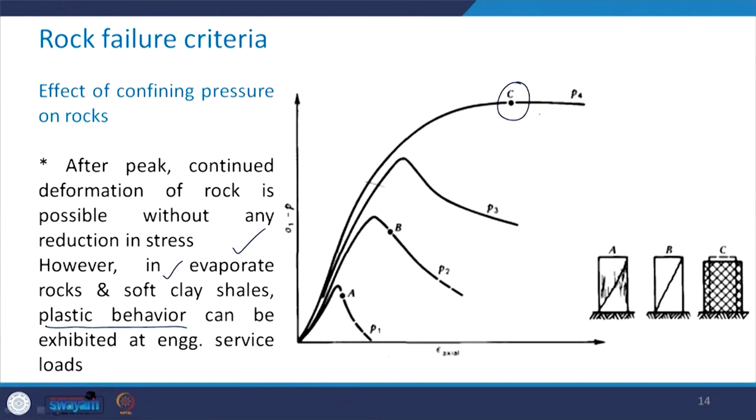So I mention to you once again, when you have the ductile kind of behavior after the peak, you are going to get continuous deformation without any reduction in stresses. This transition pressure in most rocks is beyond the engineering service loads, but in soft clay shales or evaporite rocks, it can be seen at engineering service loads.